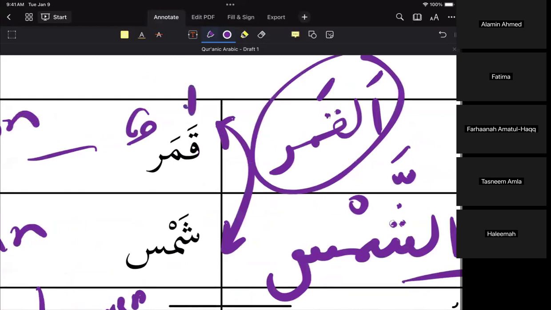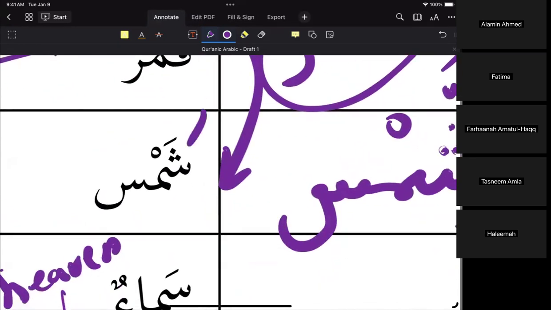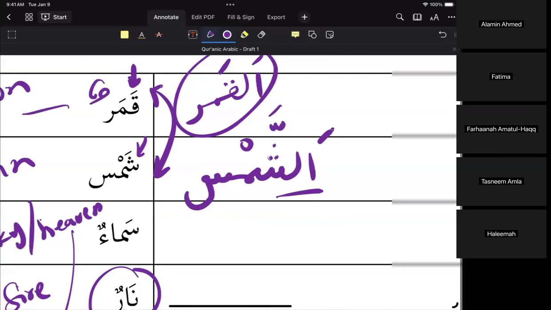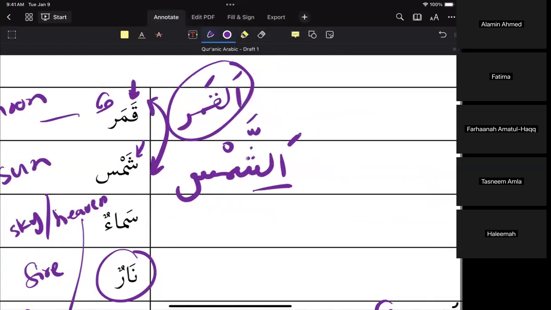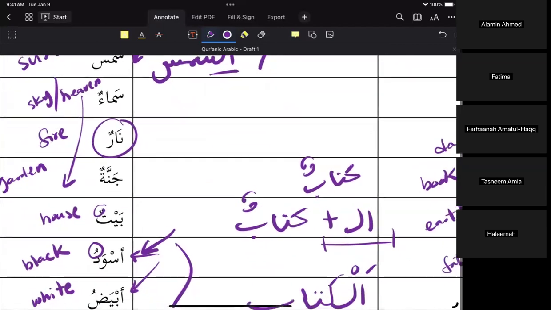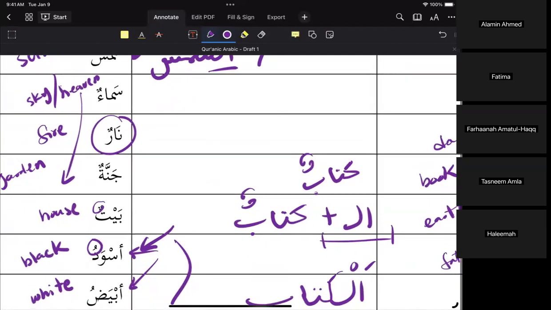For example, qaf is one of the huruf qamariya, so when you have a qaf, you pronounce alif lam. Then there are letters where you don't pronounce alif lam. Inshallah, this is not our topic. I just wanted to bring it up in case you're confused a little. These things come from your Quran class or the Arabic reading class.